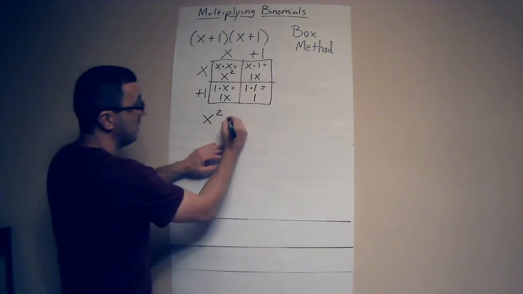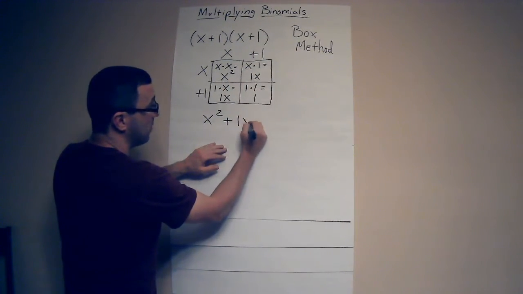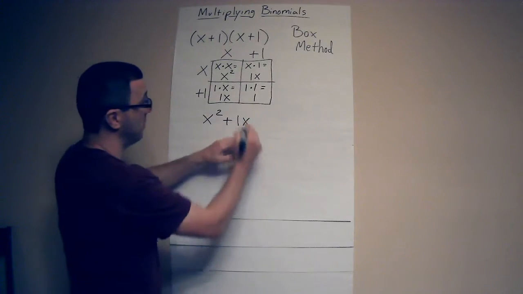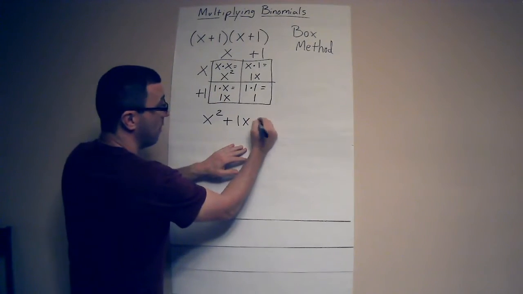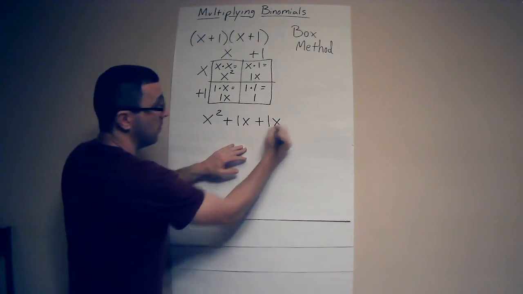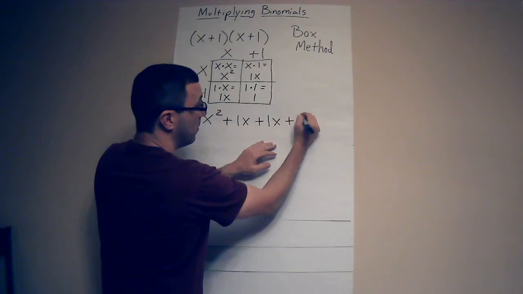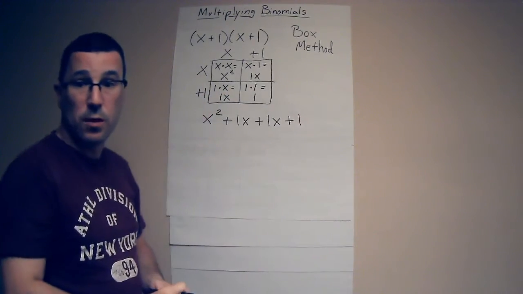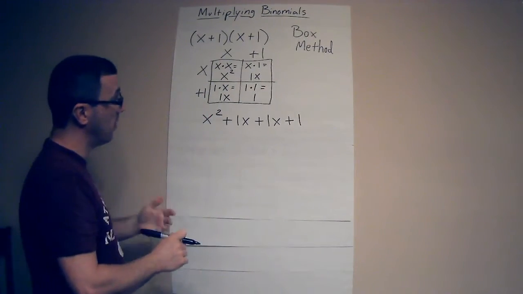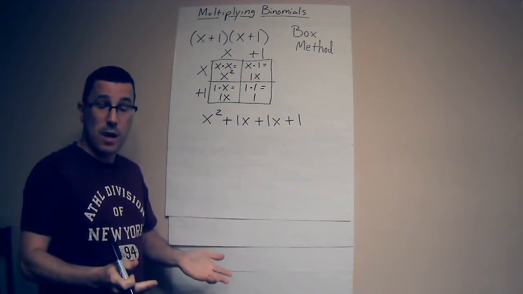I have a 1x, so plus 1x. I have another 1x, so plus 1x. And then I have this 1, so I have plus 1. So I've got my terms out.